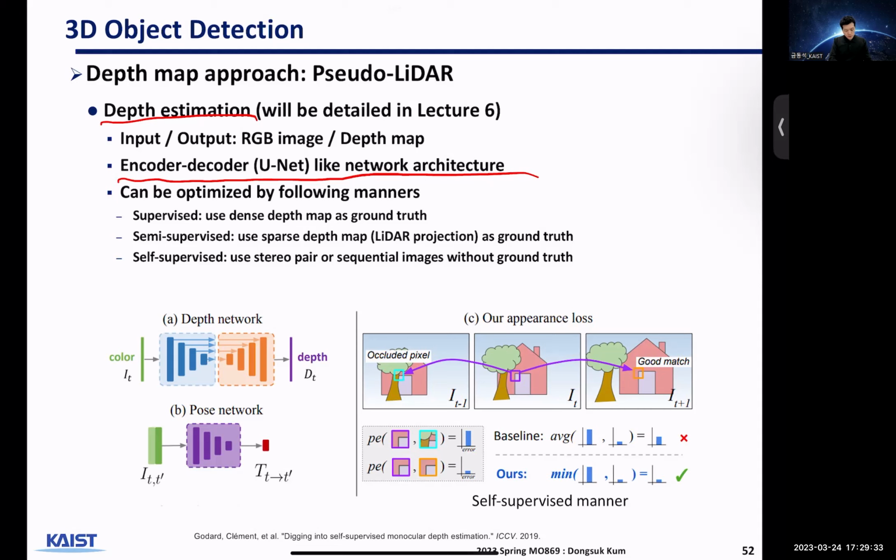And the way to train this network can be classified into 3 types: supervised manner, semi-supervised manner, and self-supervised approach.